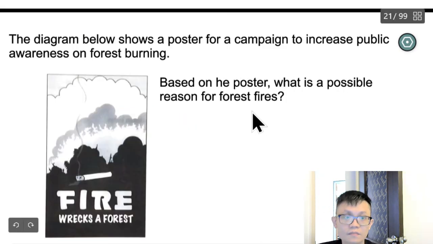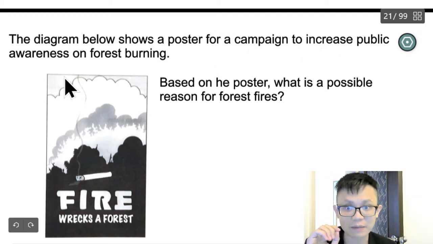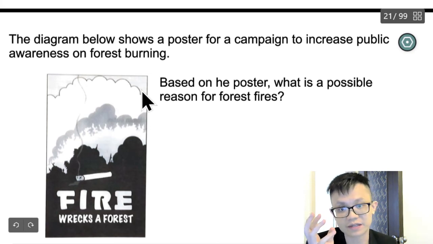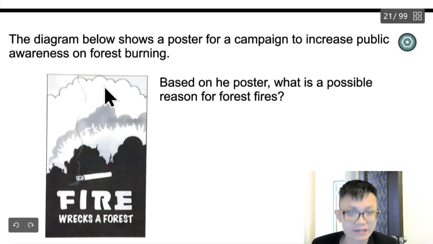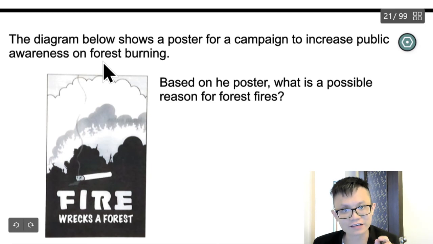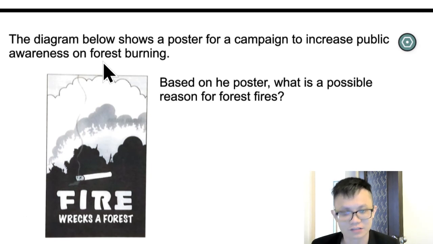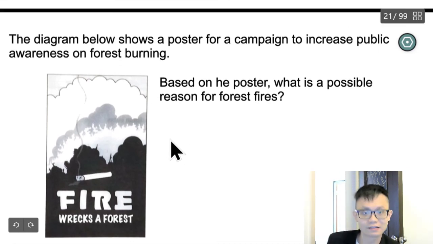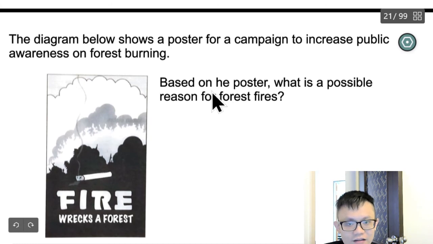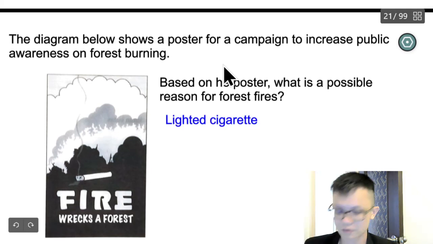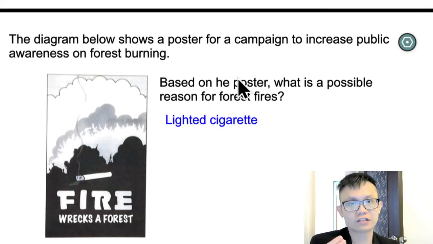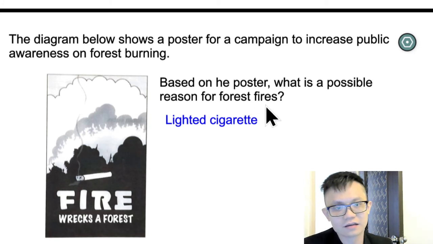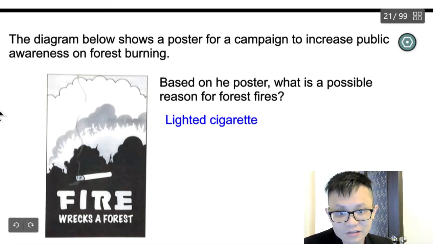Okay, the diagram below shows a poster for a campaign to increase public awareness on forest burning. Because forest burning is a common thing that always happens, especially in Indonesia, right? But this year, I think there is no forest burning because everyone stays at home, so maybe there are no accidents in the forest. Based on the poster, what is the possible reason for forest fire? The question asks based on the poster.